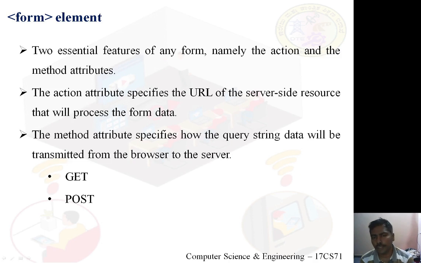I mean, should the query string be sent securely, or may security be compromised? Based on this, there are two methods of transmitting the query string from the user's browser to the server. They are the get and the post method.